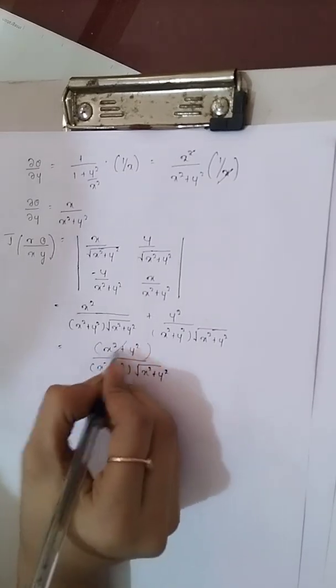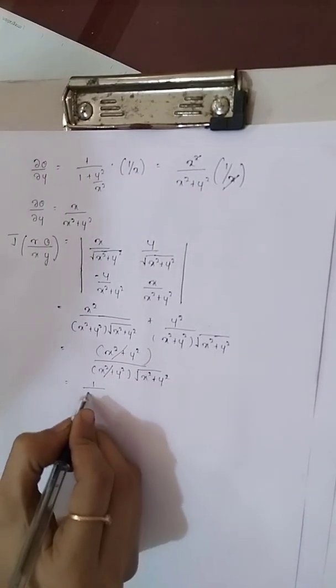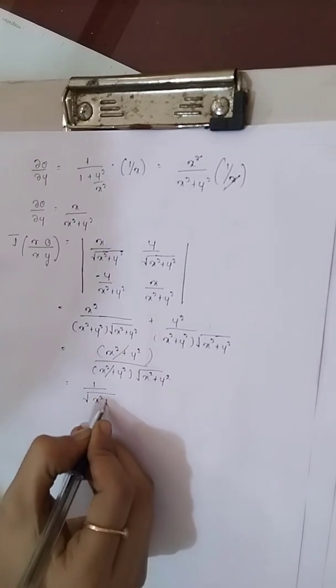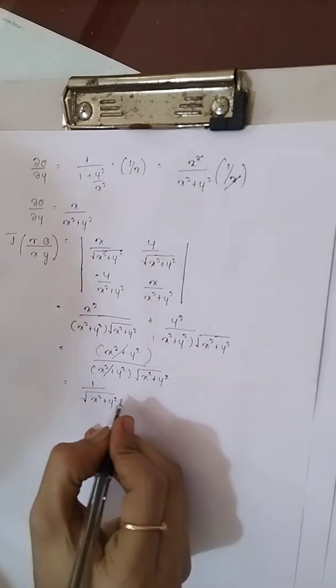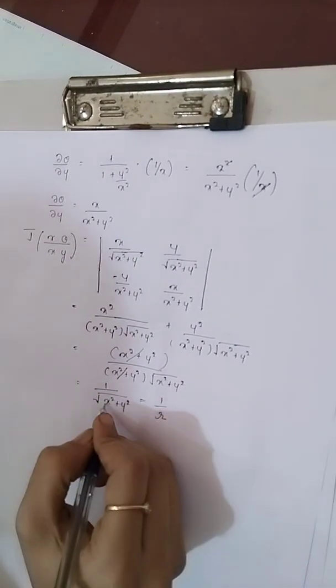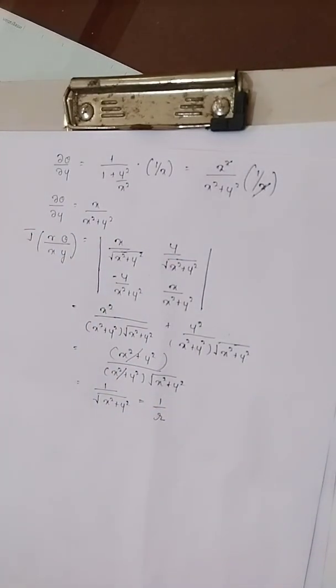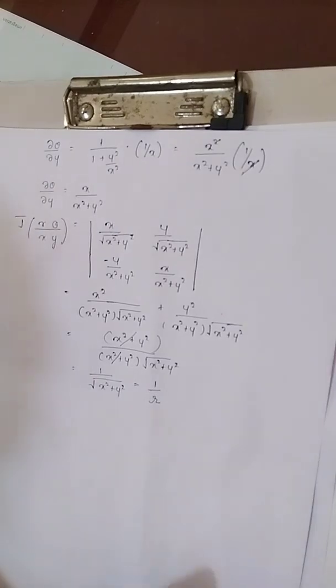So the term x square plus y square gets cancelled. So we have the value as 1 upon square root of x square plus y square. That can also be written as 1 upon r, because r is equal to square root of x square plus y square.